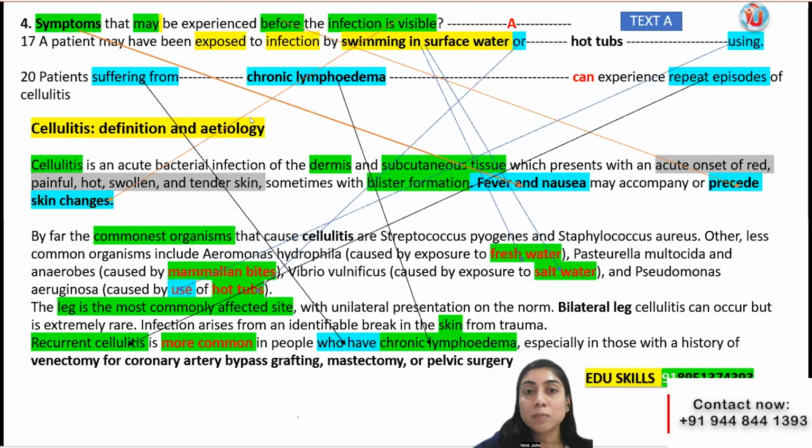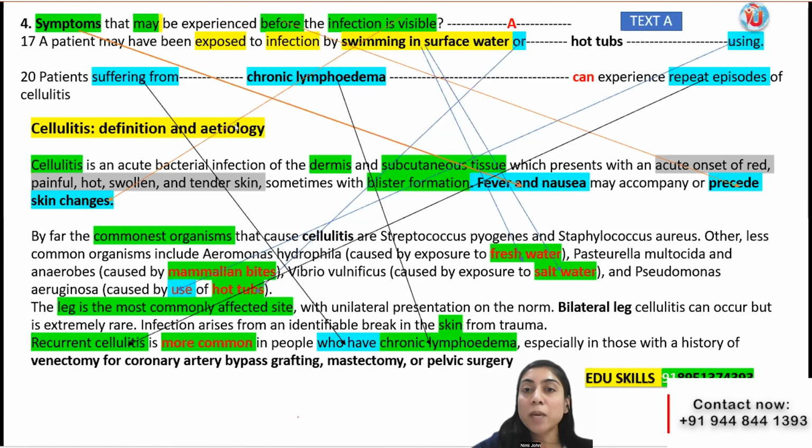Ma'am, please once again. Which part did you have a doubt about? The same question, the 17th one. What didn't you get? What was your answer? Oh, it's okay, no problem. So here you see the question paper. The patient may have been exposed to infection by swimming in surface water. Swimming can be done in fresh water: caused by exposure to fresh water.